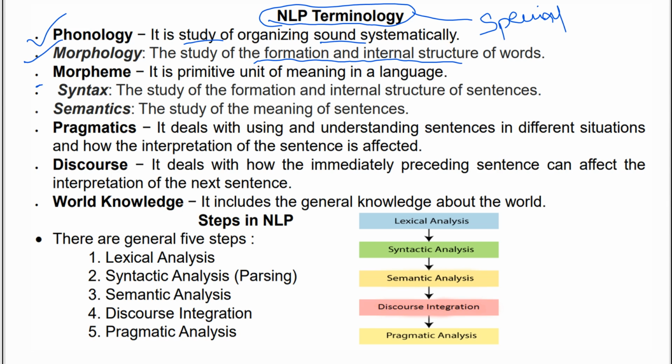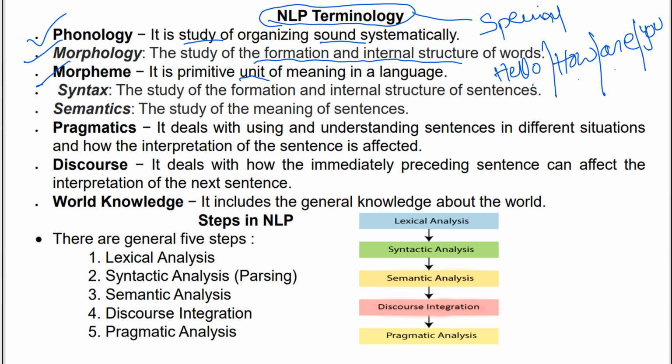Then coming to the third one, it is a morpheme. A morpheme is a primitive unit of meaning in the language. Suppose you consider one small sentence, hello, how are you? See how many words we have here: hello, how are you.